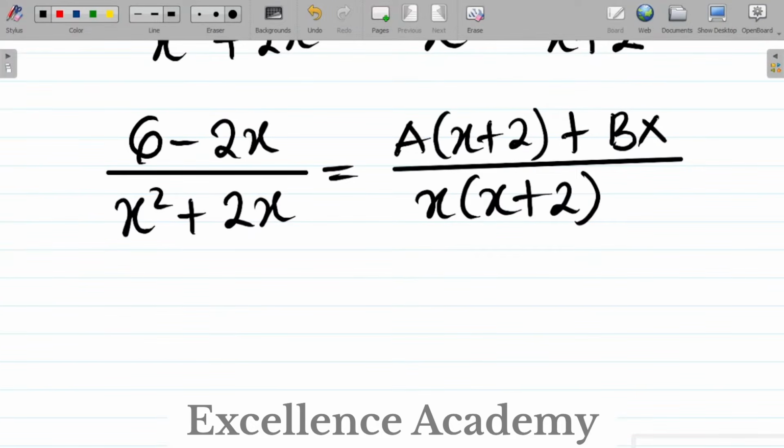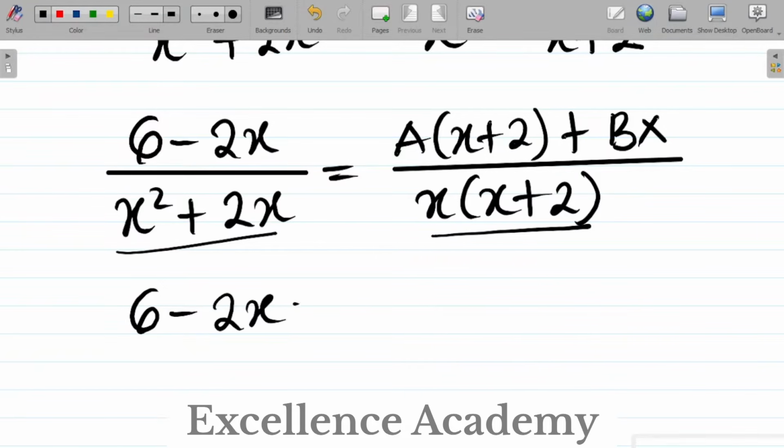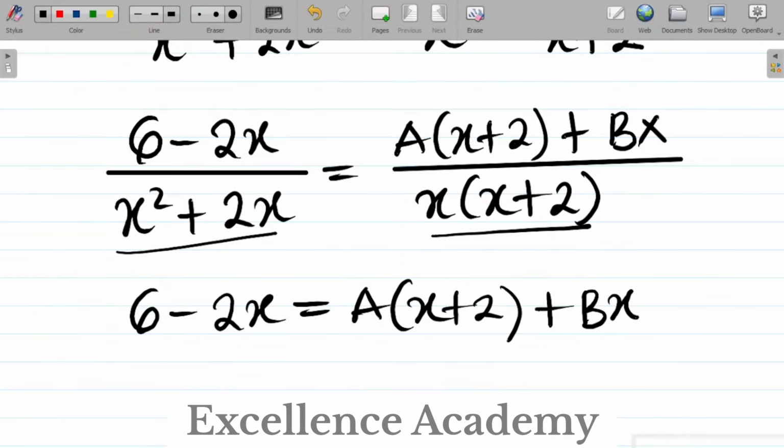At this point, where we have the same thing at the denominator on both sides, just equate the numerator. Equating the numerator, we have 6 minus 2x is equal to a into x plus 2, plus bx.